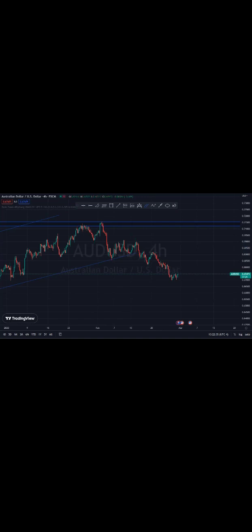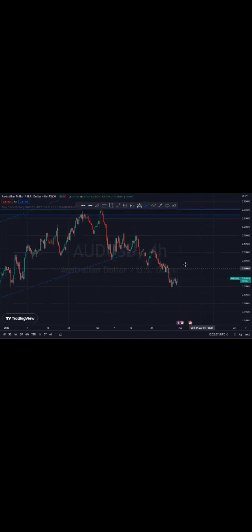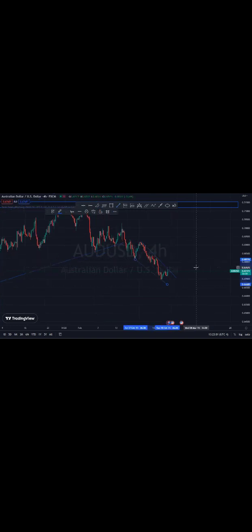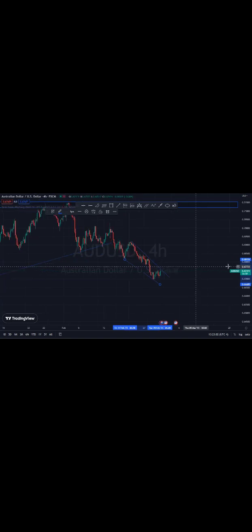So what I'm gonna do is find the trend and then draw out my trend line. As you can see here, we can place down the trend line over here. That's our resistance trend line. Then down here is where we're gonna draw our supportive trend line. So that's what we see on the 4-hour.